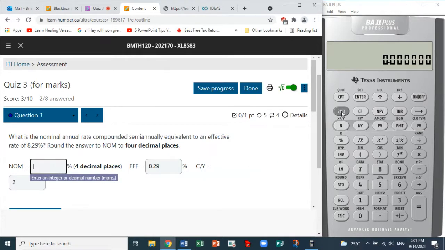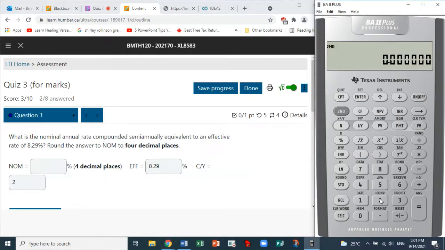All right, so here we go. Second, 2. Nominal, we have to pass on that. So we go down to the effective, that is 8.29, and we enter. Next, we go down, CY is 2, we go and enter. And if we go down, it'll cycle around, and for nominal, we compute.